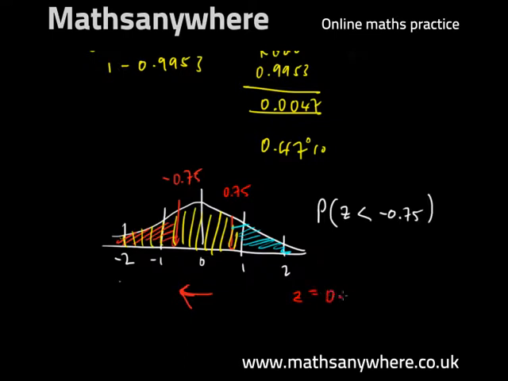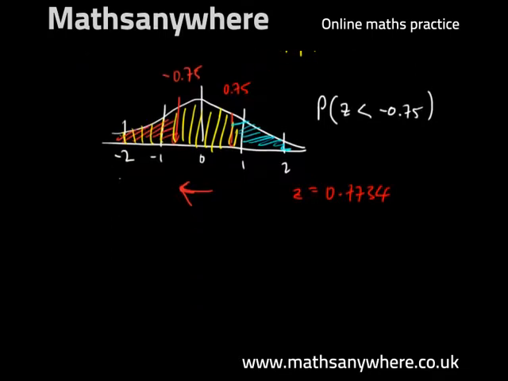The probability as a decimal probability is 0.7734. So that's the yellow area.